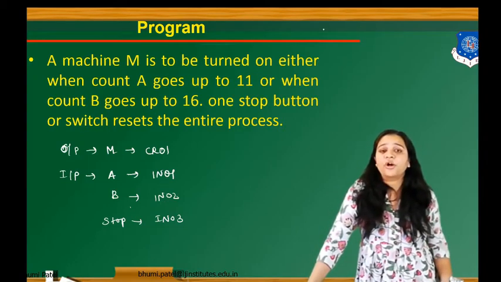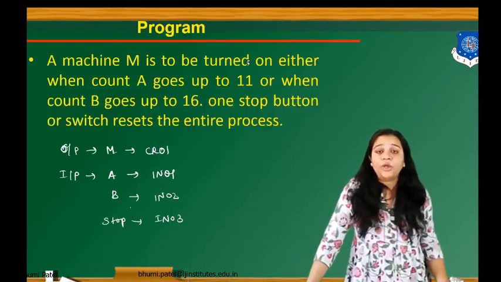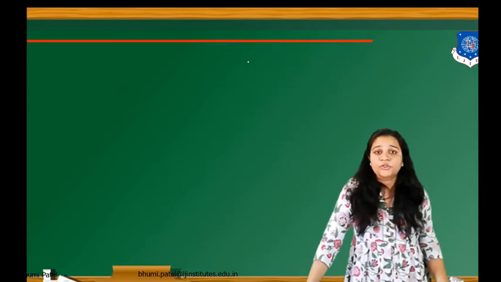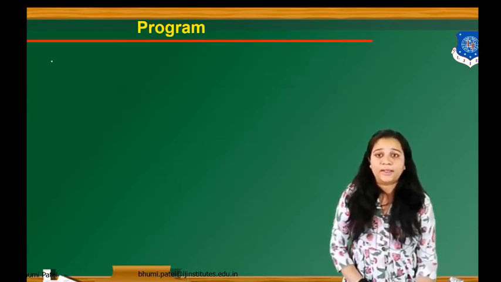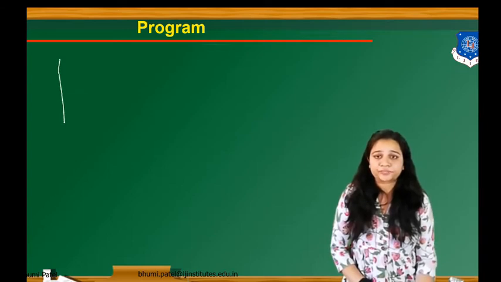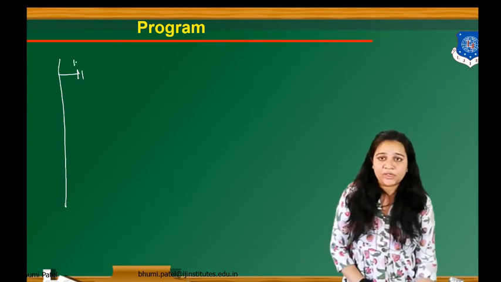Now we have to draw the PLC ladder diagram. First of all, count A goes up to 11, so for that we can use the up counter. We can draw the ladder diagram in this manner. The name of the A input is IN01.